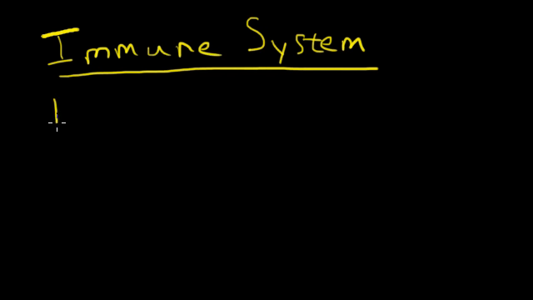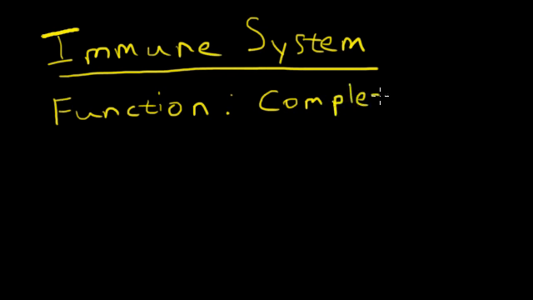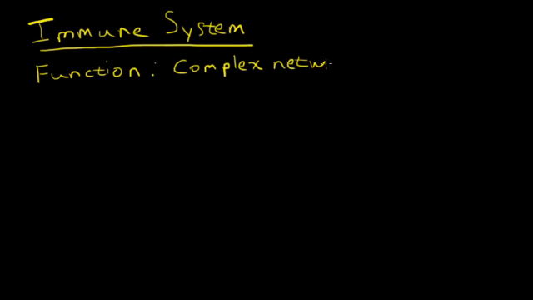So, what's the function of the immune system? And how does it perform that function? So, the broadest definition is that the immune system is a complex network that defends the body against danger.